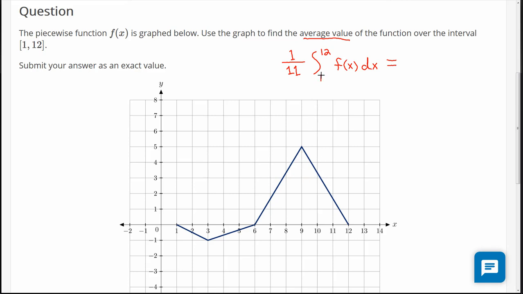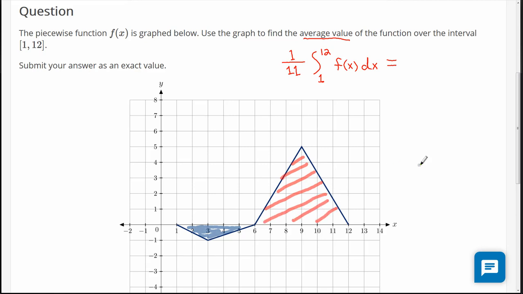So basically what we have to do is find the definite integral. The definite integral is going to be the area above the x-axis minus the area below the x-axis. Since this just involves triangles, I think we should be able to figure this out no problem.